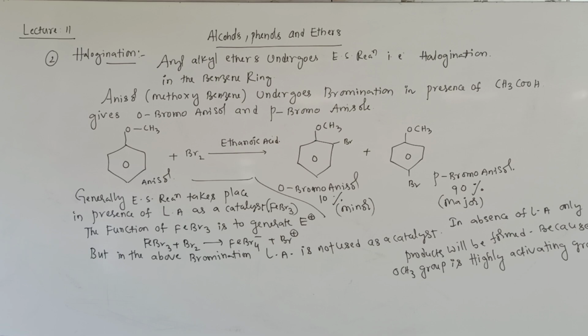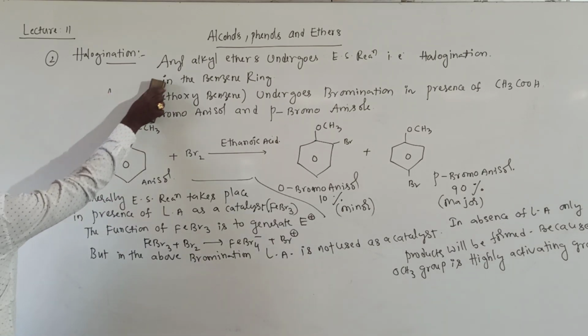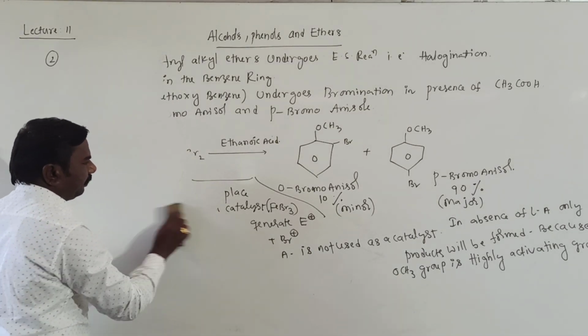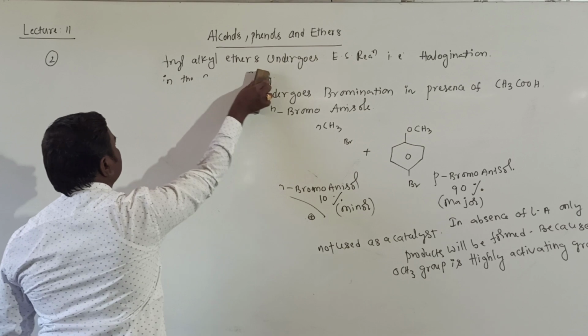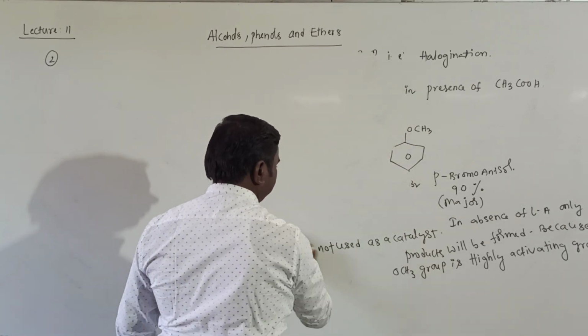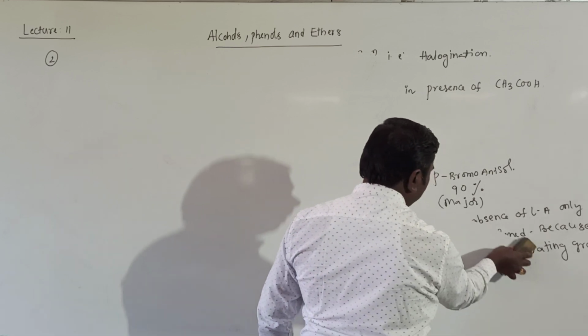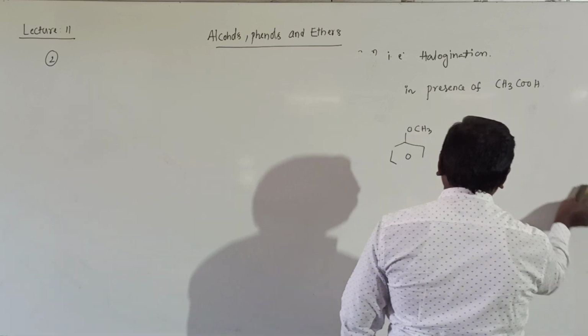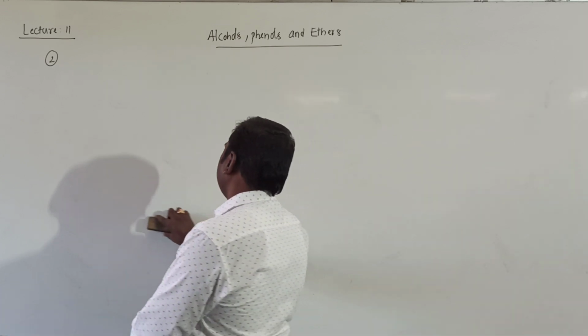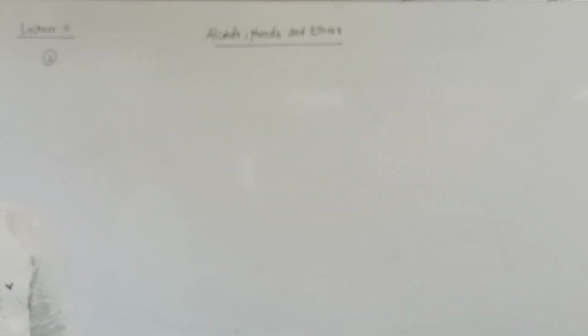Afterwards, halogenation, that is bromination, is completed. Now, nitration. The nitro group is the electrophile, which attacks at the ortho and para positions.